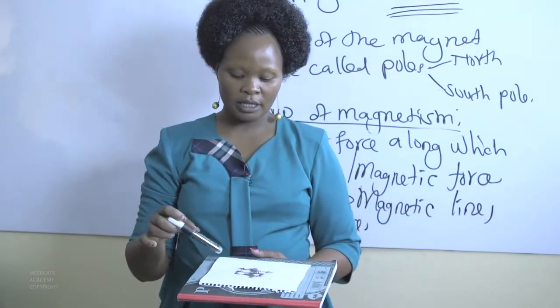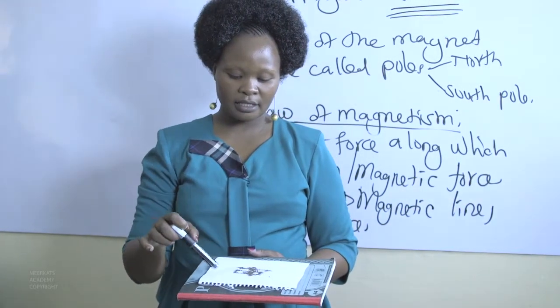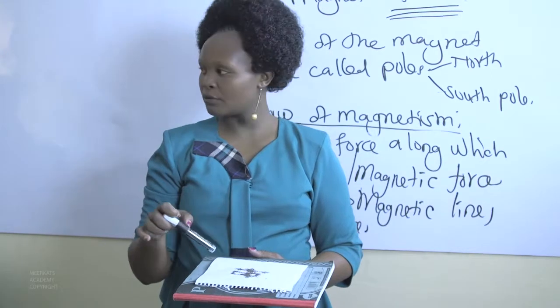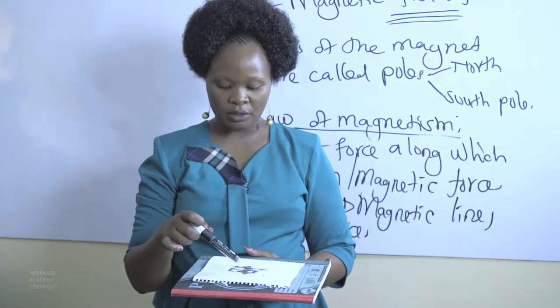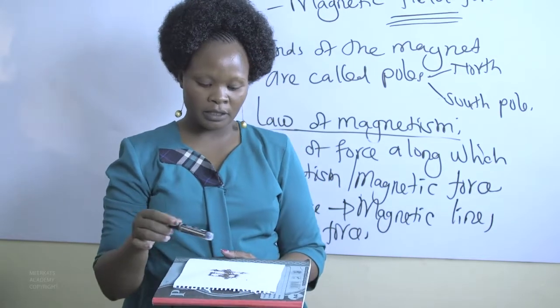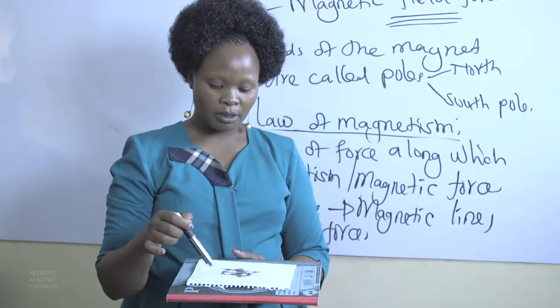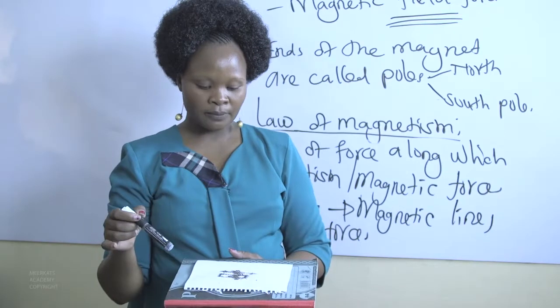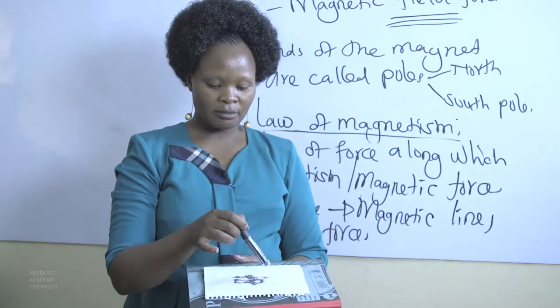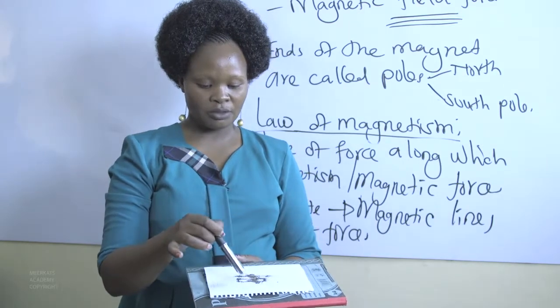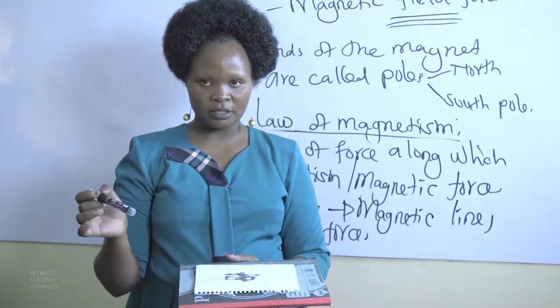There are those lines that are formed by the iron filings, which have been sprinkled within the region that we are calling the magnetic field of this particular bar magnet. You can look at the arrangement. There are some straight lines that are assumed by those iron filings.